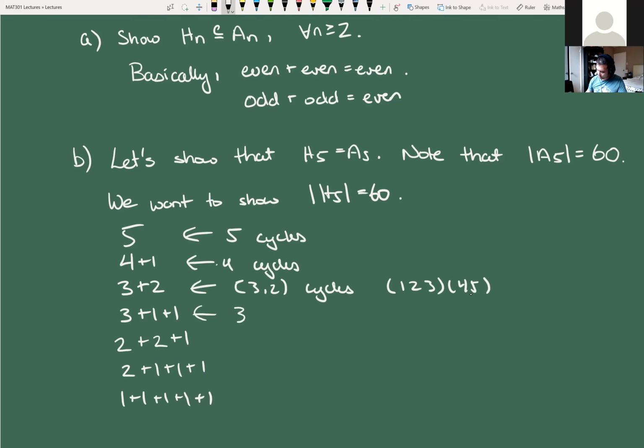Here we've got 3 cycles. Here we've got 2 2 cycles. Here we've just got straight 2 cycles. And then here's the identity. So does everyone agree that every element of S5, once you take it and write it as a disjoint product of cycles, has to be one of these 7 things, right? It doesn't have any other options.